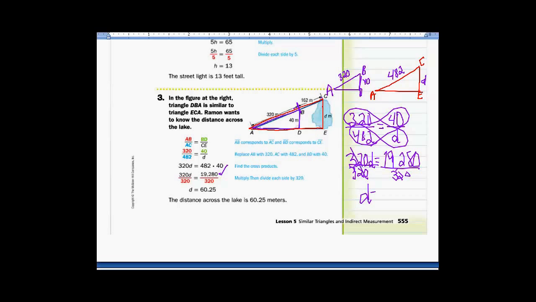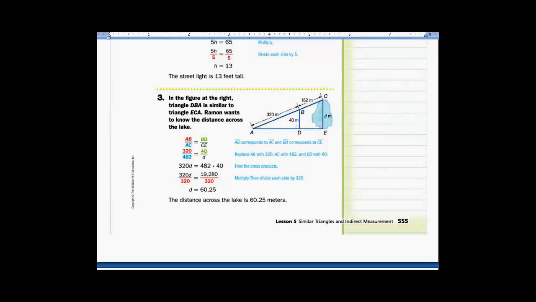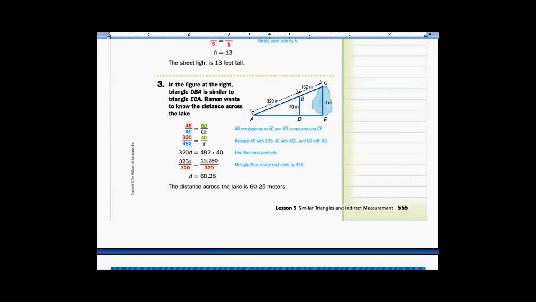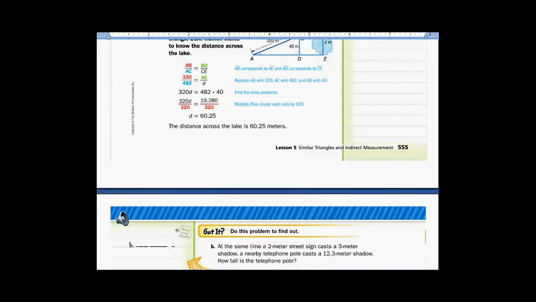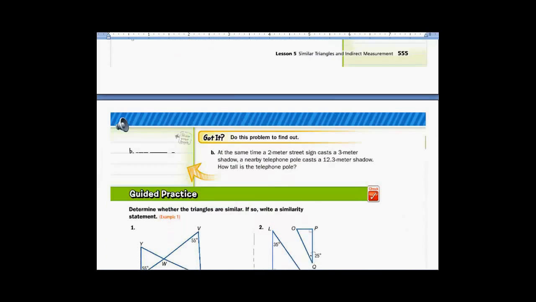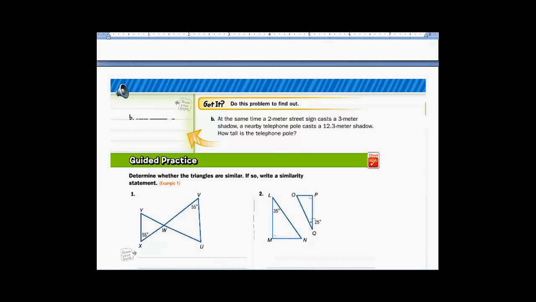So D is equal to 60.25 if you do that on your calculator. 60.25 what? Make sure you are putting your labels on there. 60.25 meters. Okay. So with that, I want you to actually pause this last one. Try it. See how it goes from there.